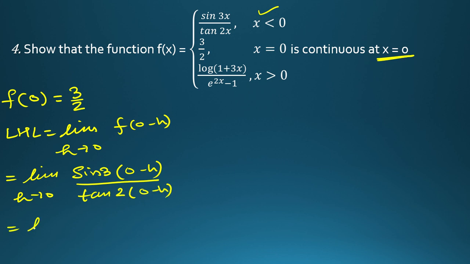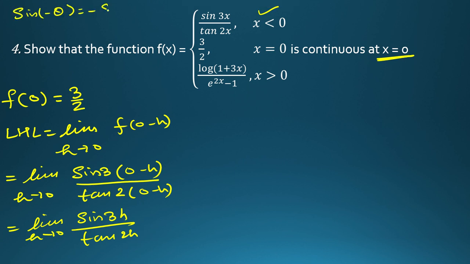It will be limit h tends to 0 of sine 3h upon tan 2h. Why has the minus sign gone? The minus sign of the numerator and the minus of the denominator both cancel out, because sine of minus theta is equal to minus sine theta, and tan of minus theta is equal to minus tan theta.